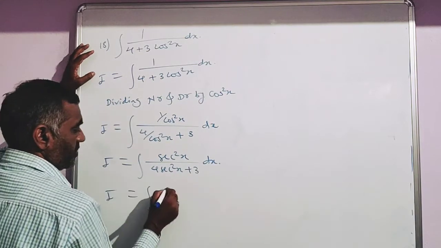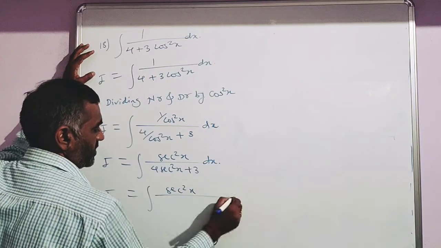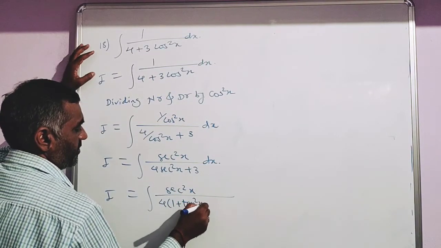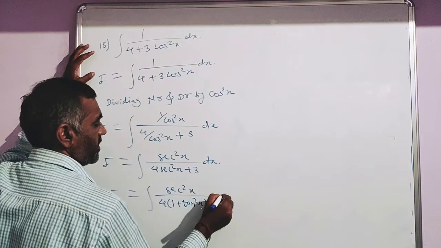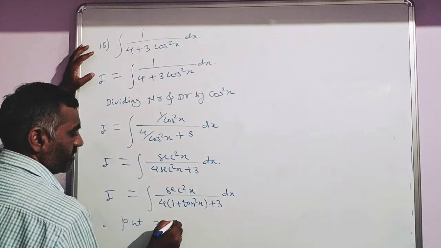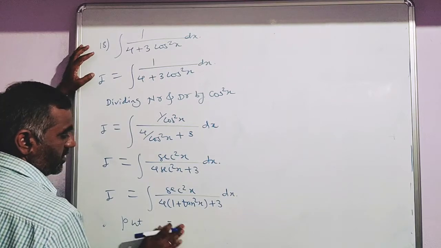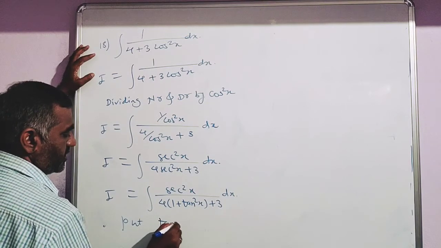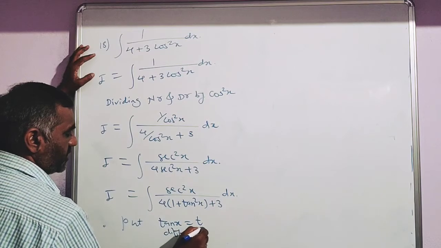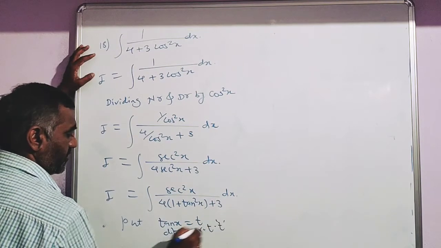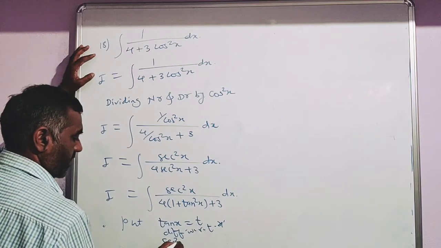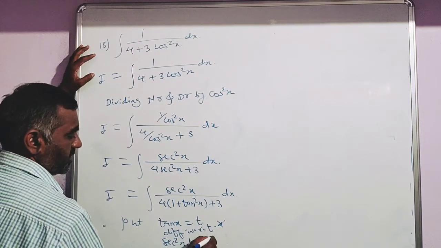I is equal to integration of sec square x upon 4 in bracket 1 plus tan square x plus 3 dx. Put tan x is equal to t. Differentiating with respect to x, sec square x dx is equal to dt.